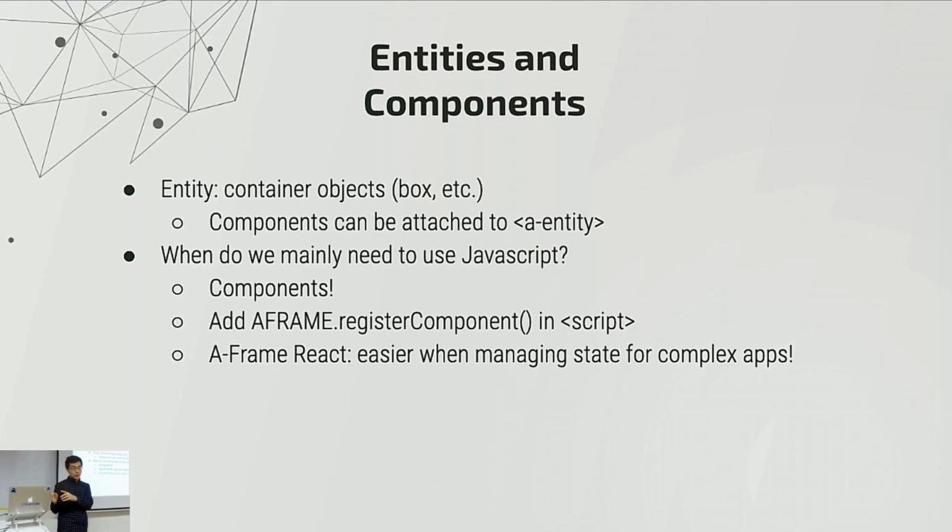That's when we use JavaScript to make our own components, and to do that, we would call AFRAME.registerComponent. And if we want to make our lives easier by sorting out complex applications, we can use A-Frame React, which is basically similar to React, in which you manage the state.